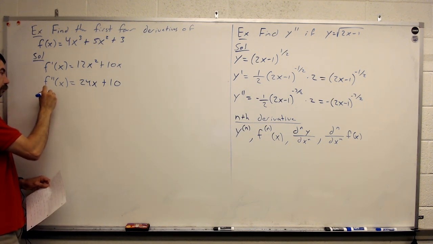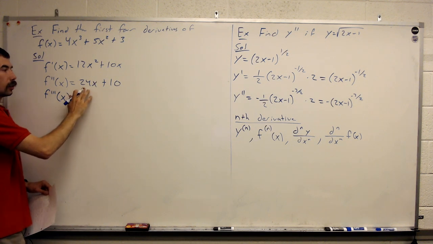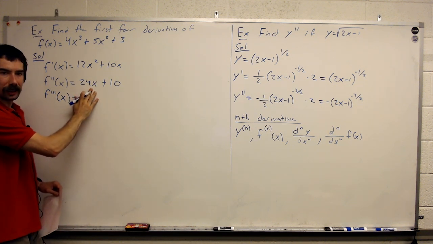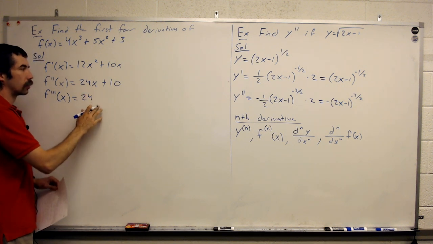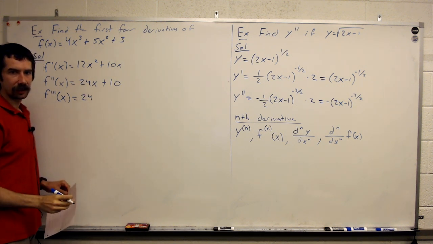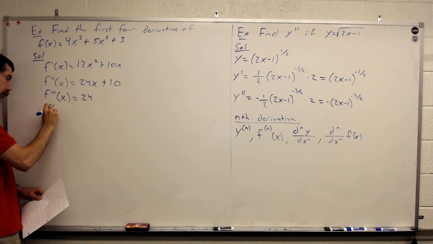Third derivative. The derivative of 24x is 24. The derivative of 10 is 0. Fourth derivative.